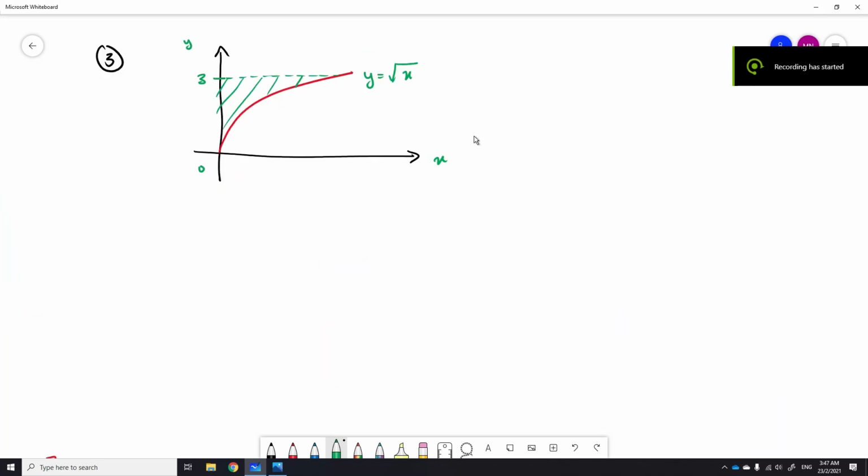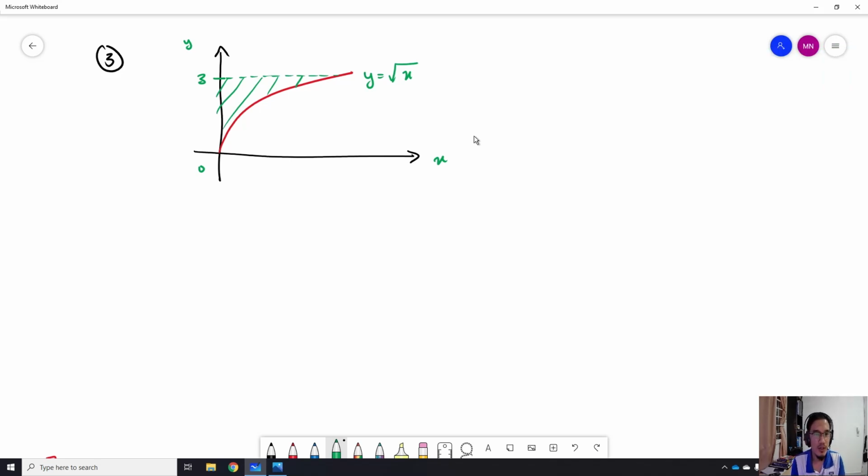Okay, so for this example number 3, we need to observe or identify the region that we want to find. So in this graph, we can see that the region that we want to find is enclosed to the y-axis. So that means it is the area under the graph going towards the y-axis.